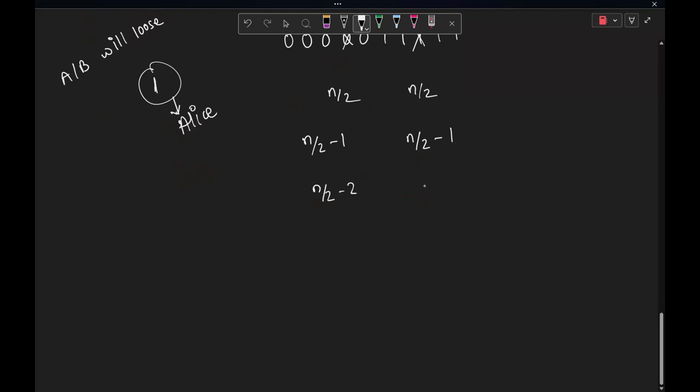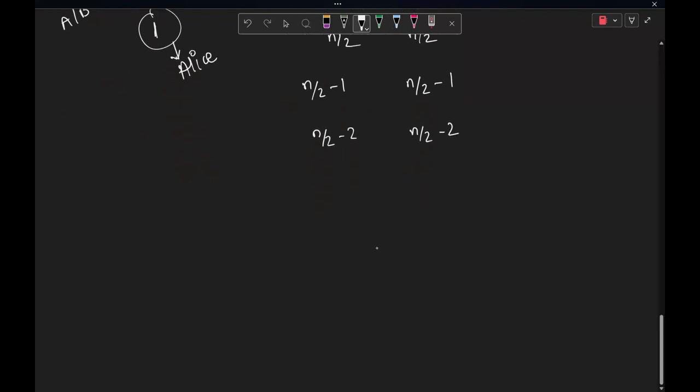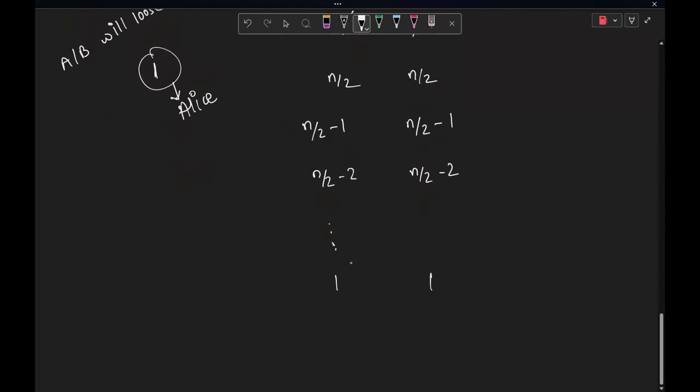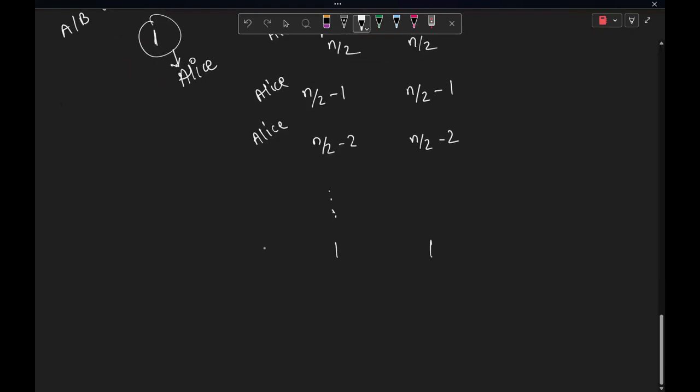Similarly, both of them will decrease by 1 after every 2 moves, until both of them become 1. In that case, whoever's turn it is will lose, right? And we know that it was first Alice's turn, then Bob's, again Alice's, then Bob's. So it would be Alice's turn here, and Alice will lose.